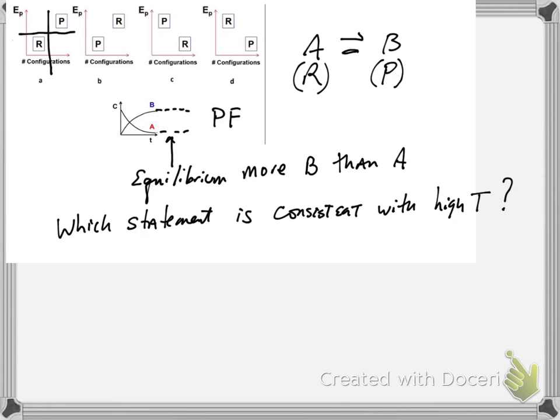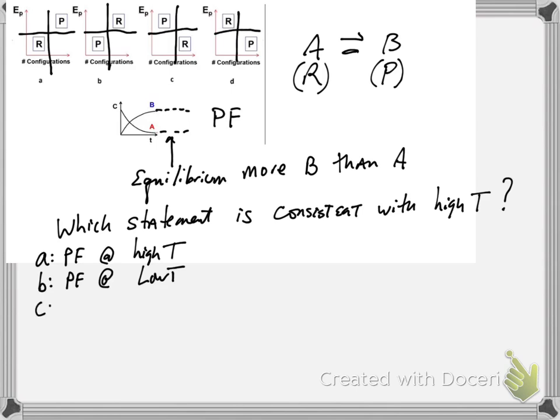If we do that, we can analyze each one of these graphs. For options A and B, A is product favored at high temperatures because the products are in the upper right. B is product favored at low temperatures because products are in the bottom left. Options C and D are the always never case.